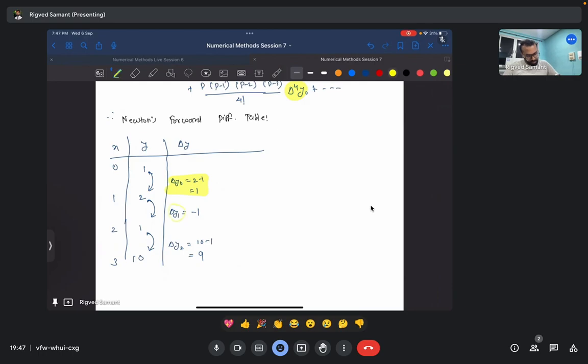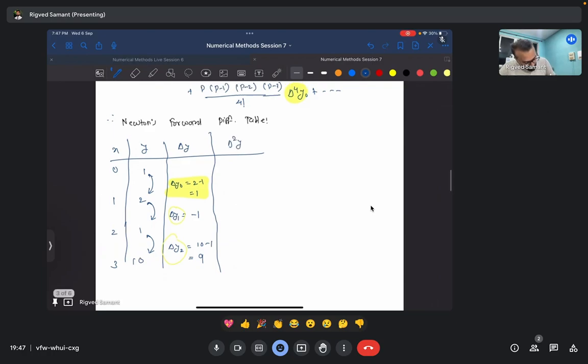Here would be delta square y. So delta square y naught is minus 1 minus 1, the difference of these two, that is minus 2. And this I will not write as delta square y1; I will just write 9 minus minus 1, that is 9 plus 1, which is equal to 10.